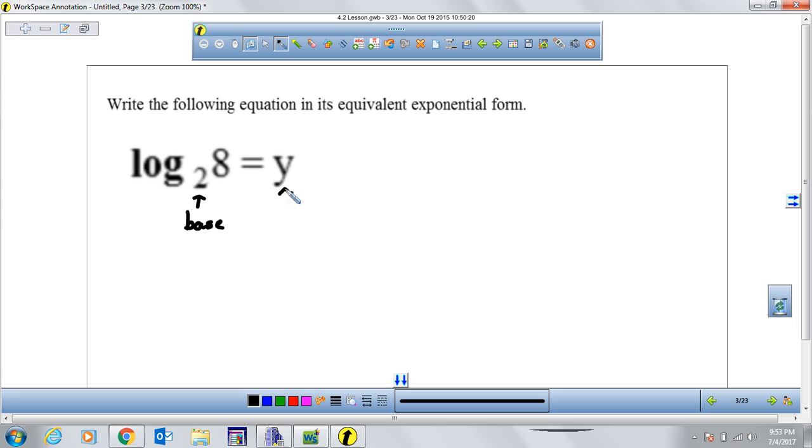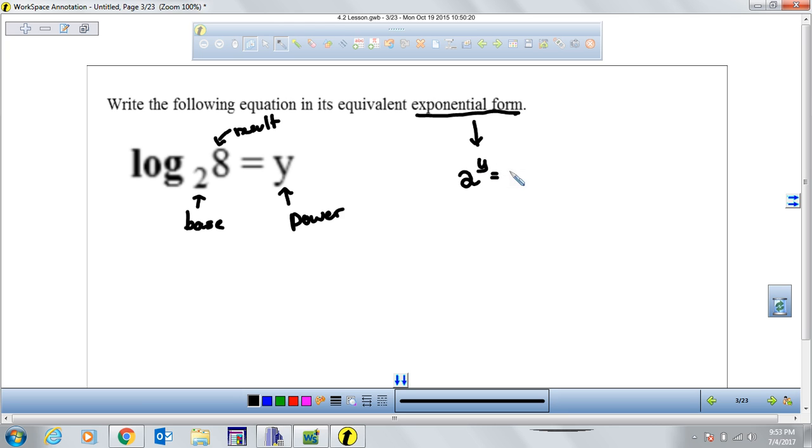The number on the other side of the log, this is your power. And the number right next to the log, this is the result. That's what I told you when we were talking about the logarithm. So if I want to write this in exponential form, it would be the base, which is 2, raised to the power of y, gives you a result of 8. That's basically what the exponential form is going to be.